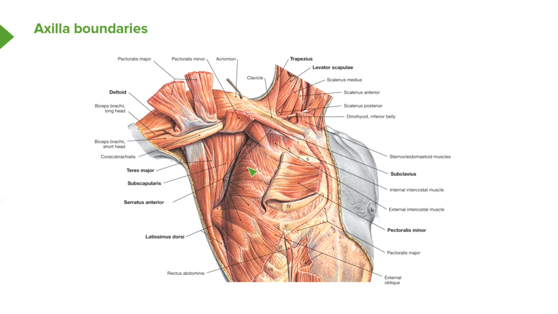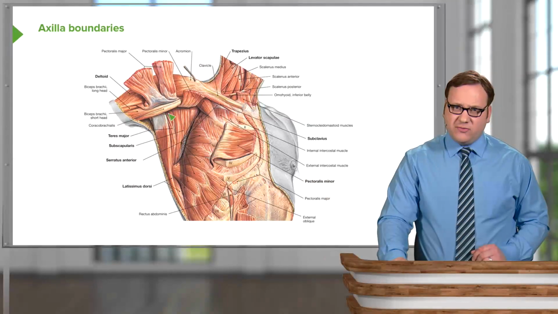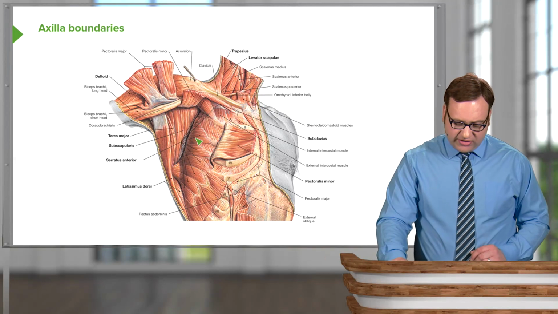And medially, we see we've got these digits of serratus anterior forming the medial boundary. So anteriorly, we've got our pectoralis muscles. Posteriorly, we've got subscapularis, teres major, and latissimus dorsi. Laterally, we've got the intertubercular groove, and medially, we've got serratus anterior. Structures are going to pass into the axilla via the cervico-axillary canal.